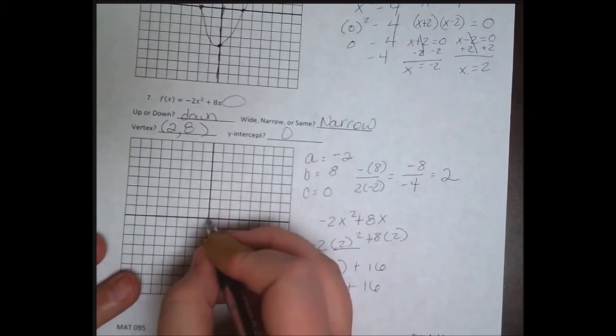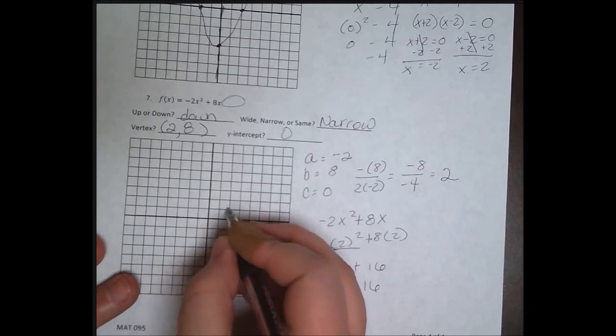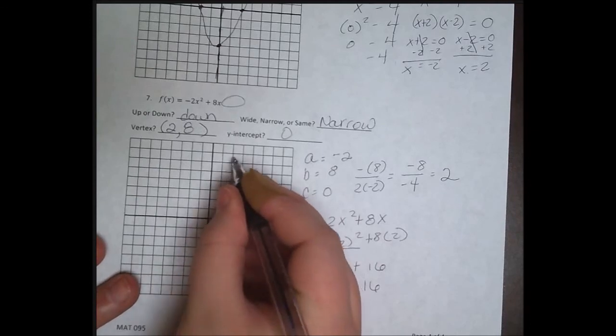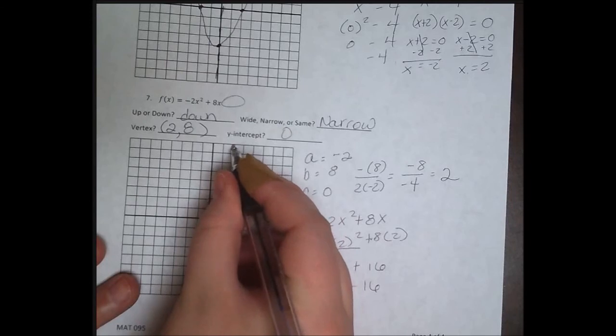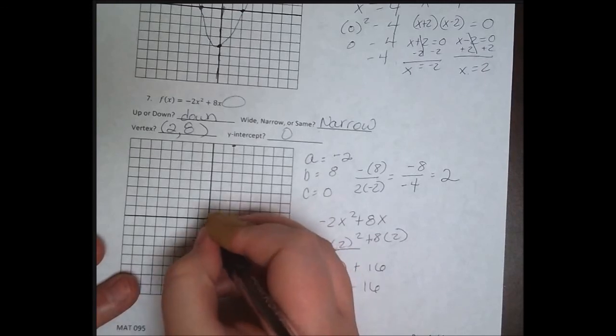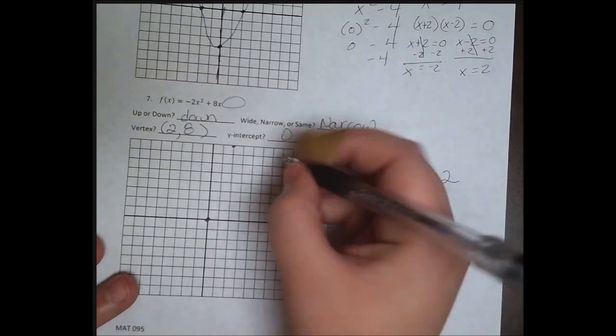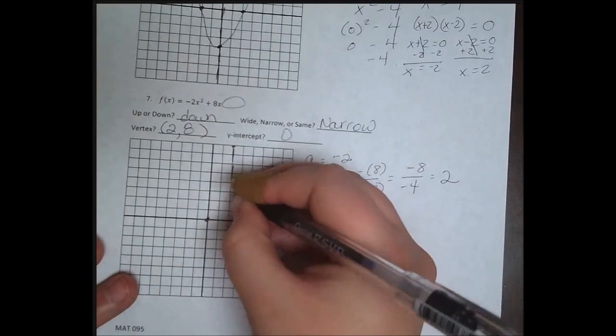So first thing you should do is graph your vertex. So you go over 2 and up 8. Okay. Then you graph your y-intercept, which is at 0. And you can draw your axis of symmetry through your vertex.